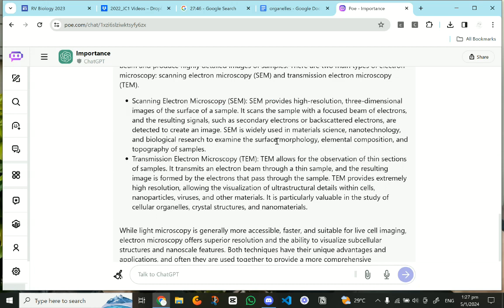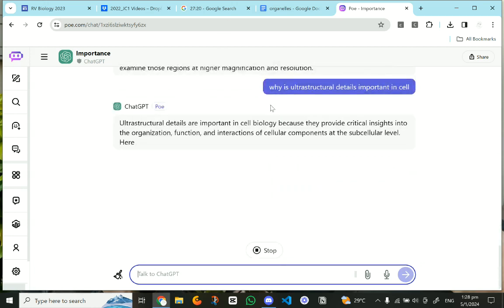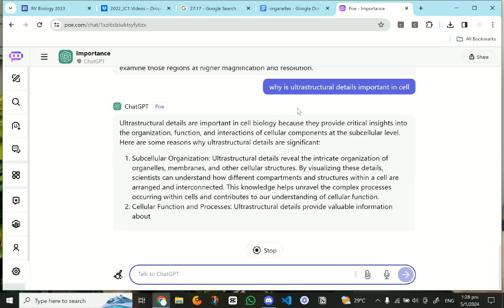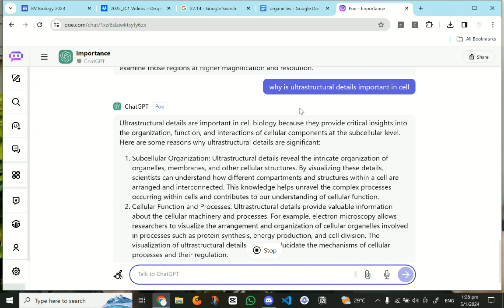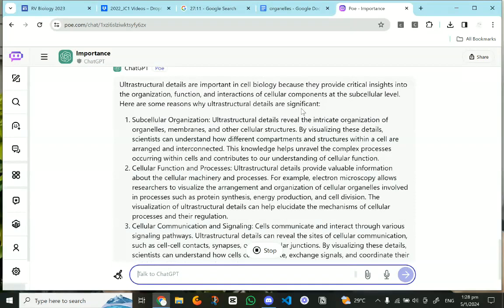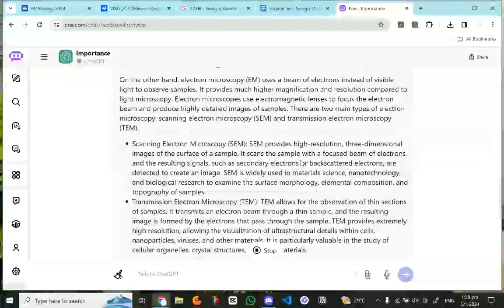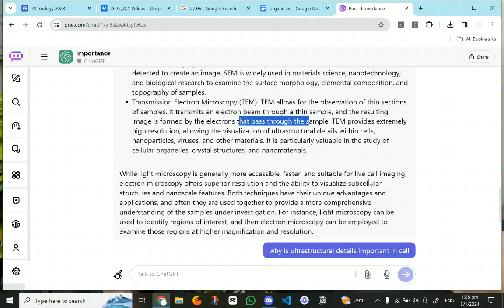So this is the 3D effect, while this is ultra, which I don't understand. So it seems to be that this one is the surface and this is the internal structures.